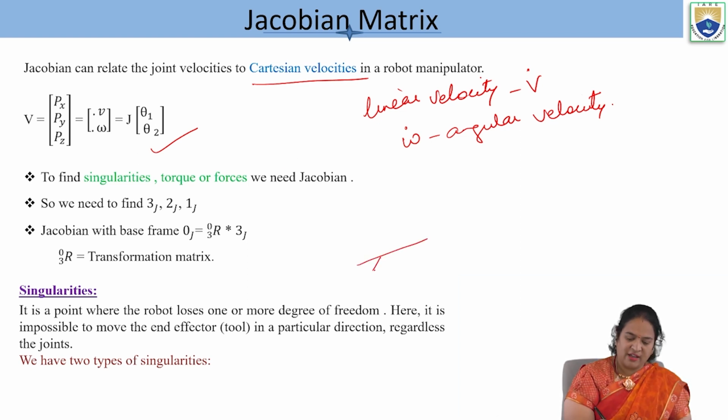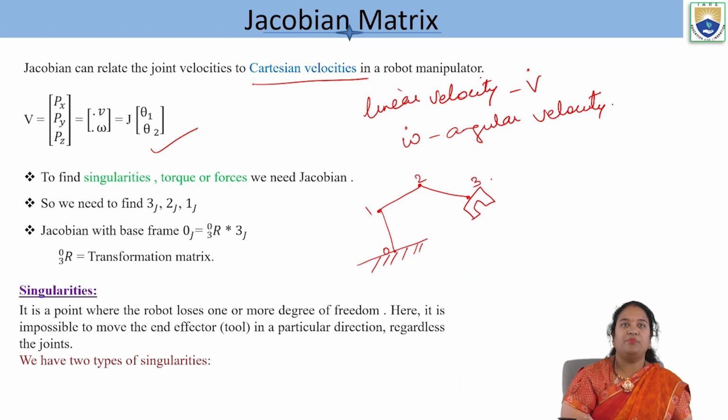For example, we have a surface and here we are taking one point, that is 0. This is joint 1, joint 2 and this is joint 3. So for these three joints, we will be having certain angles, theta 1, theta 2 and so on.